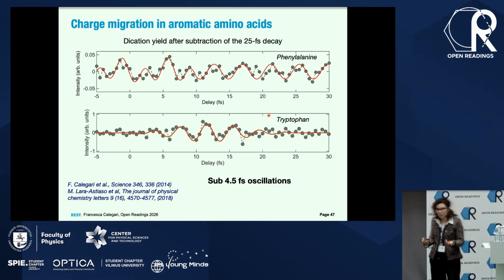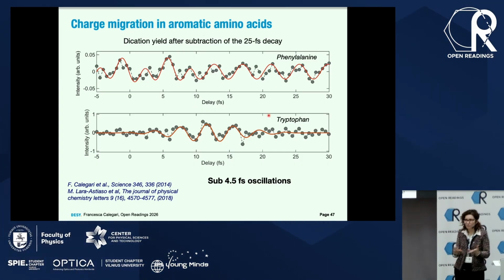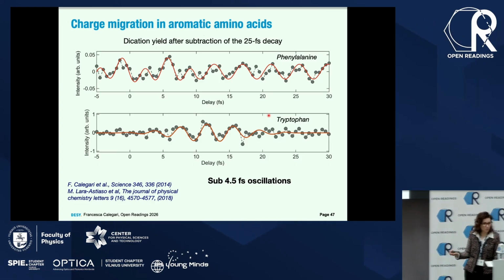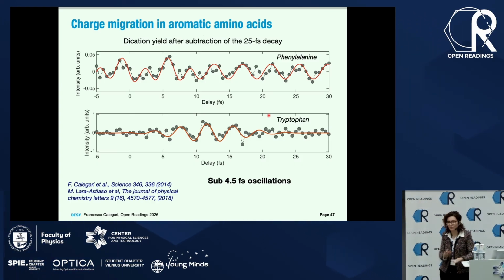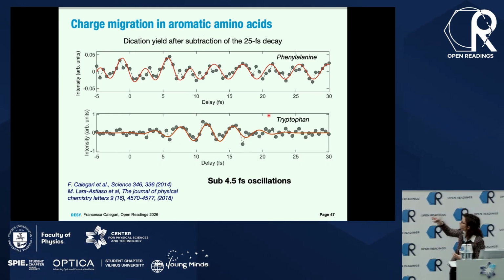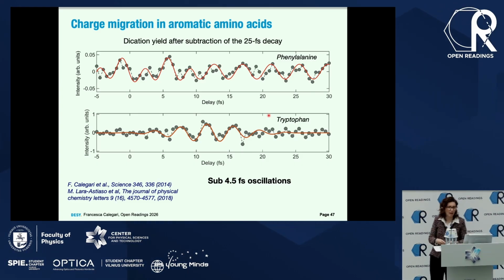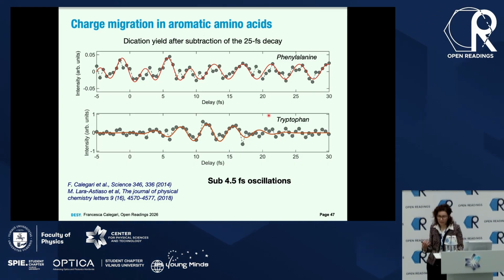And this was already a very interesting and surprising observation because we were saying, why is the yield of this fragment modulated at these time scales? It cannot be a structural dynamics because even the fastest vibrations in this molecule are on the order of 10 femtoseconds, so it cannot be that fast. So it must be related to the electron dynamics.